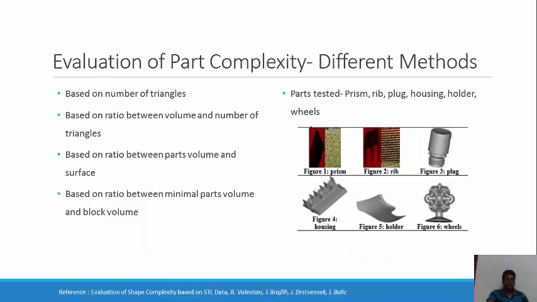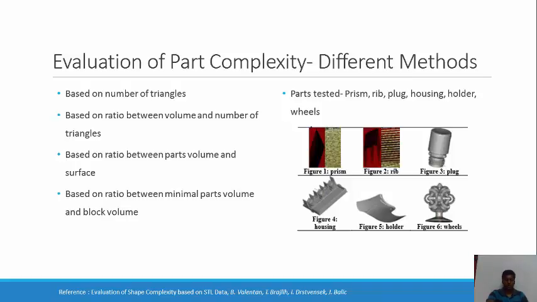So the next one is evaluation of part complexity based on the ratio between volume and the number of triangles. Number of triangles can be established with the appropriate software. Determining the volume can be made in 2 ways. The precise determination of the volume can be made according to the known algorithm.